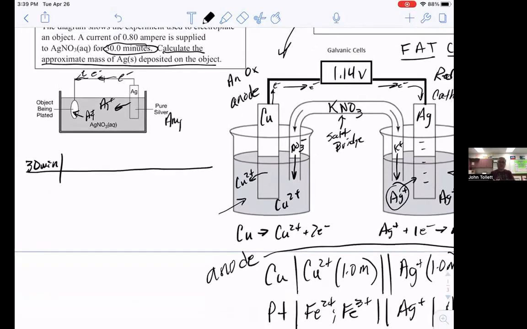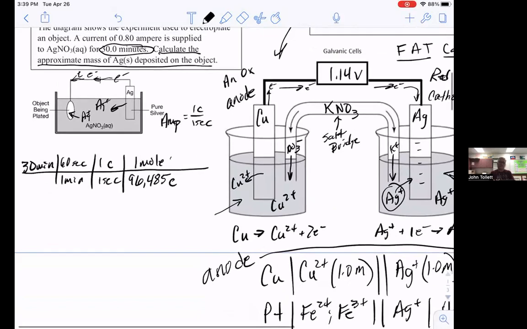So an amp is a coulomb per 1 second, right? And so what I can do is change my minutes to seconds, change my seconds to coulombs using the amps that they're giving me. And then there are 96,485 coulombs, that is on your formula chart in case you forget, per 1 mole of electrons.